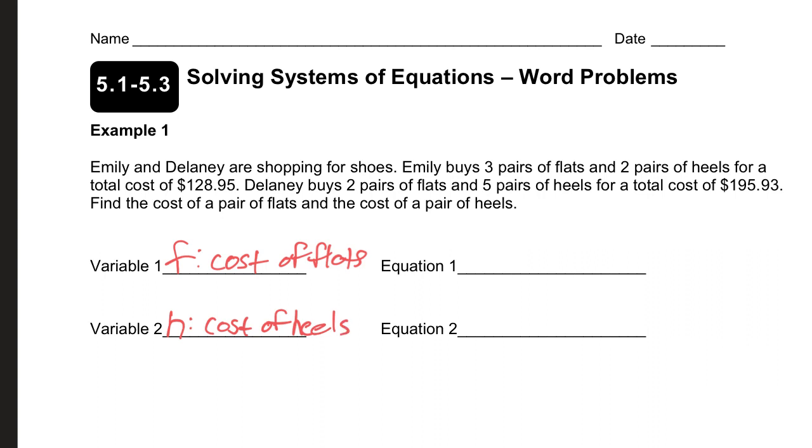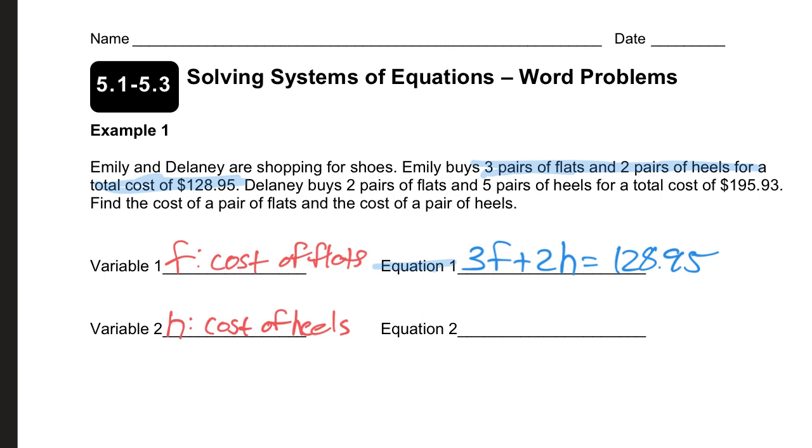All right, so I have two different situations here. The first one is when we have 3 pairs of flats and 2 pairs of heels for a total cost of $128.95. That's going to be my first equation here. So how I would write that would be 3f plus 2h equals 128.95.